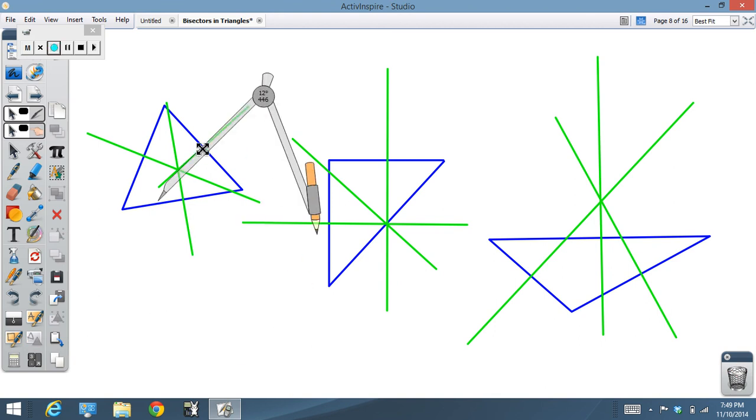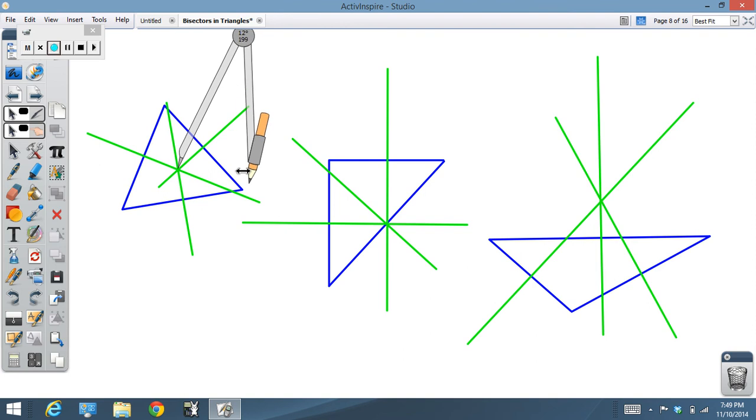Still, if we are going to use our circumcenter, it's still always going to be equidistant from the three corners.